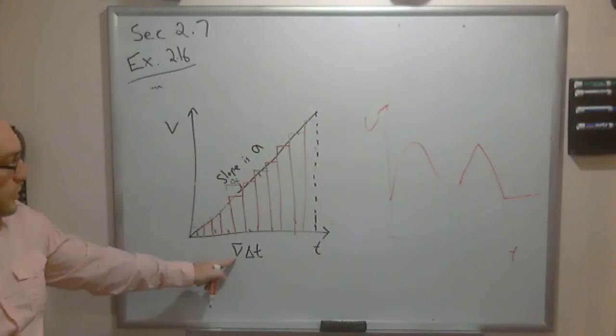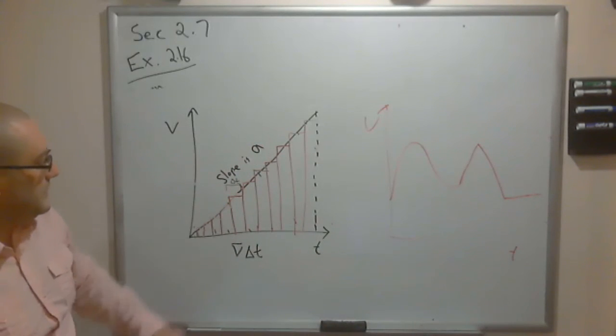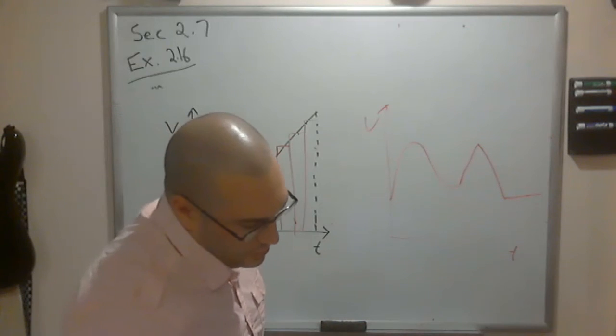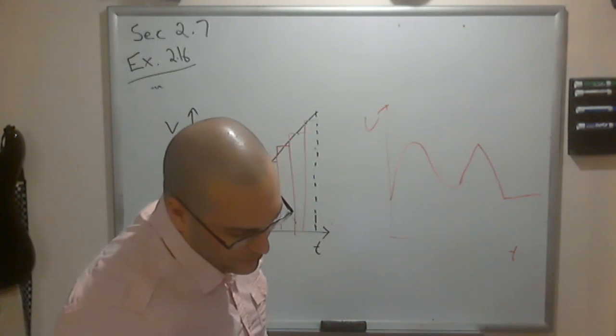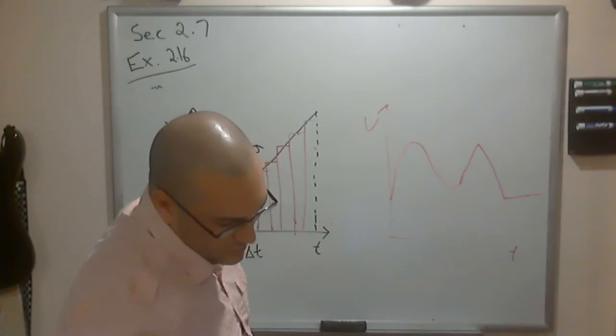But now you can add up all these velocities at each point, and this is an approximation of the integral.